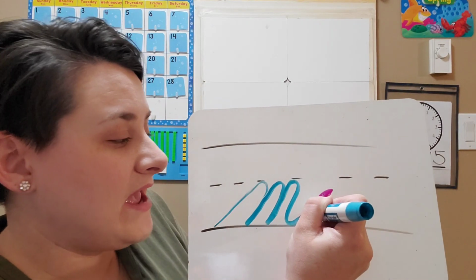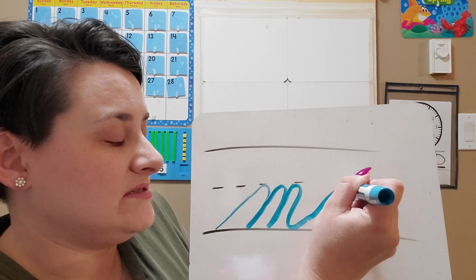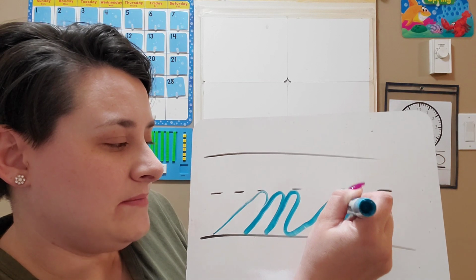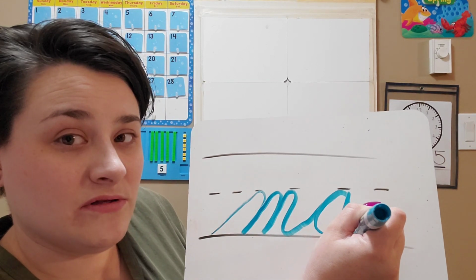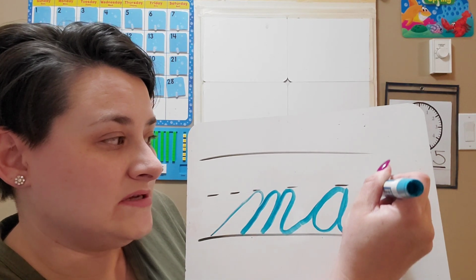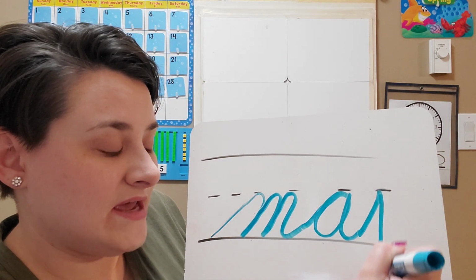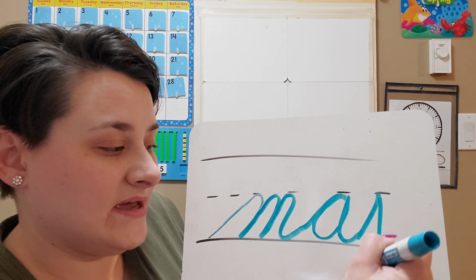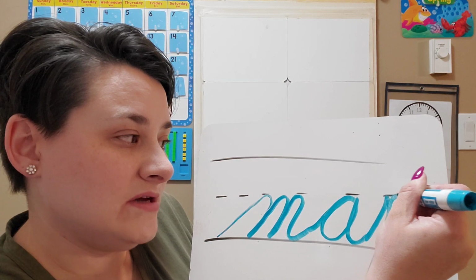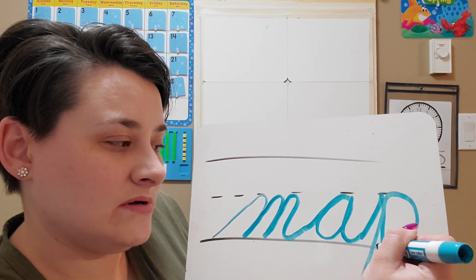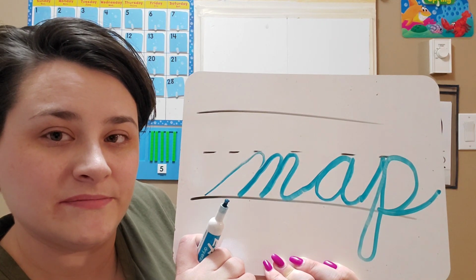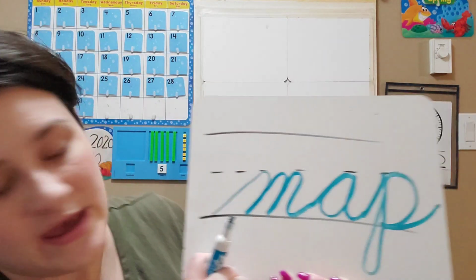Now for the letter A, we come up to the dotted, stop, go back, around, up, down, cursive curl, and then for our P, up to the dotted, straight down, loop behind, so looping to the left, trace it up to the dotted, around, and out. Map. Okay.